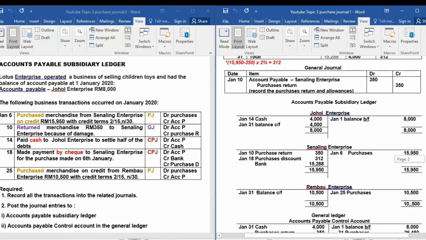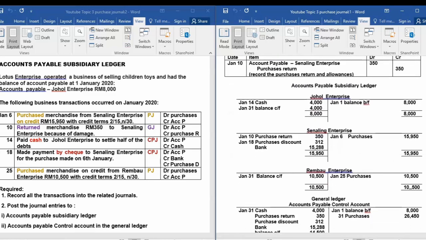The account payable subsidiary ledger represents all the transactions of the creditors. So how many creditors, account payables or suppliers do we have? We have 3 suppliers here. The first one, Johor Enterprise, the second, Senali Enterprise, and the third, Rembau Enterprise.